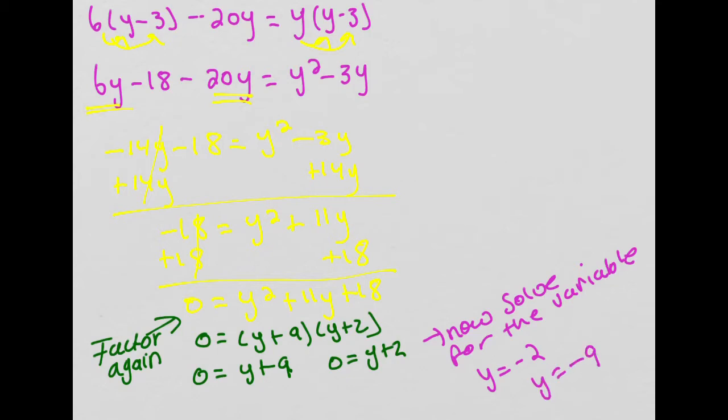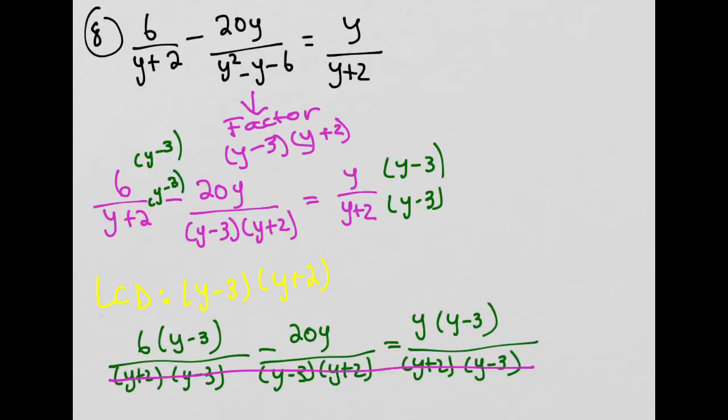Now I need to go back to the original equation and check. So I need to check if both are valid or one is not valid or both are invalid. So I have negative 2. If I take negative 2 and substitute it here, that's going to turn to 0.